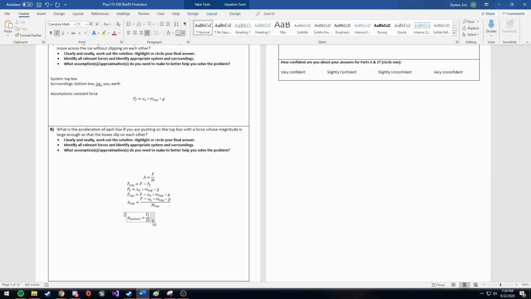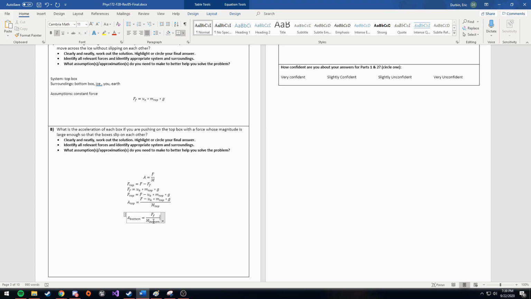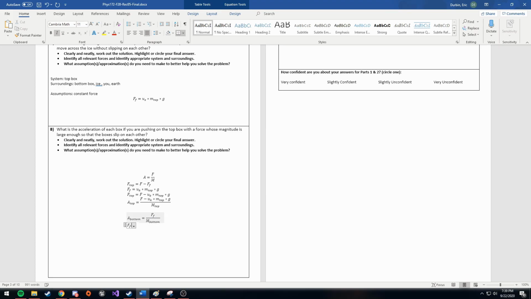The only force the bottom box is experiencing, the only thing it has to do with the top is the force of friction from the top box. Oh, okay. Sorry, I'm explaining this really badly. No, you got it. Right, because it's the only thing the bottom box has to do with the top box.